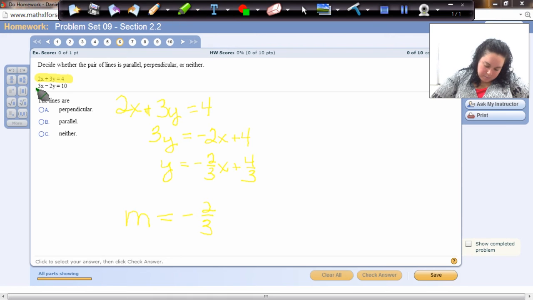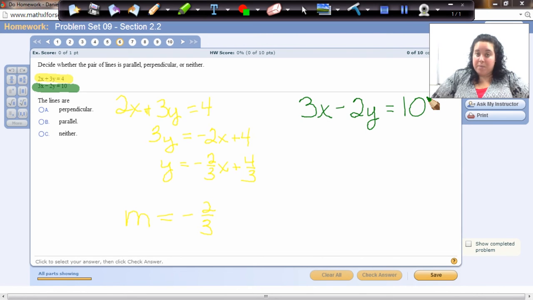So let's do the other one in green. We have 3x minus 2y equals 10, and we are going to put this in slope-intercept form as well by solving for y. So let's subtract 3x from both sides, minus 3x plus 10.